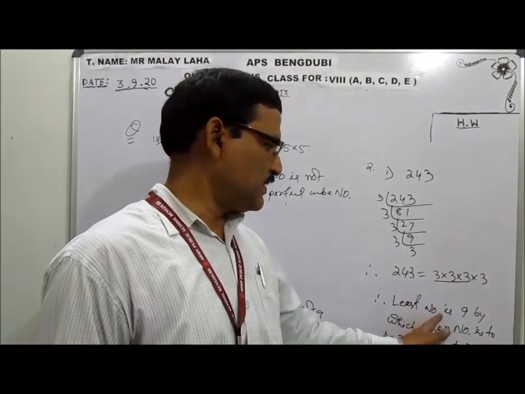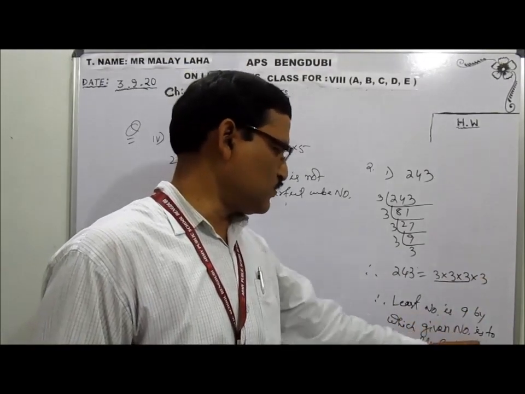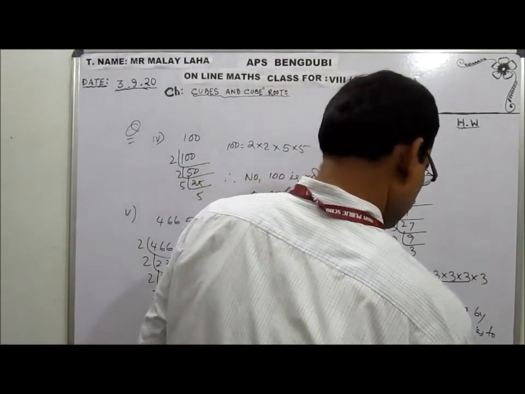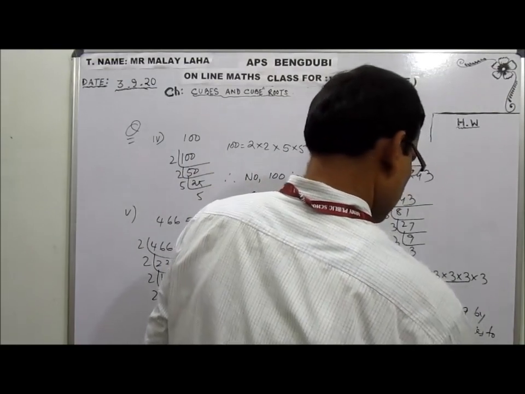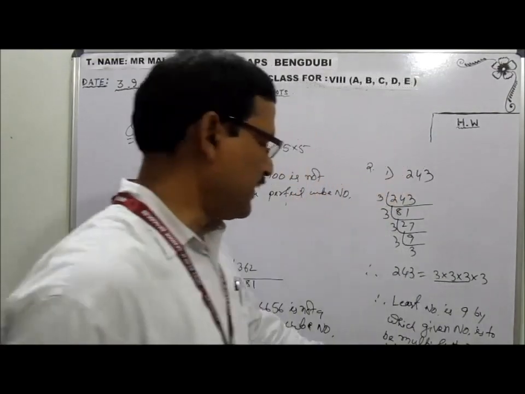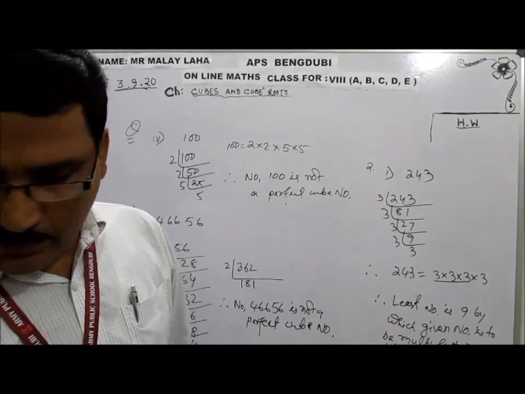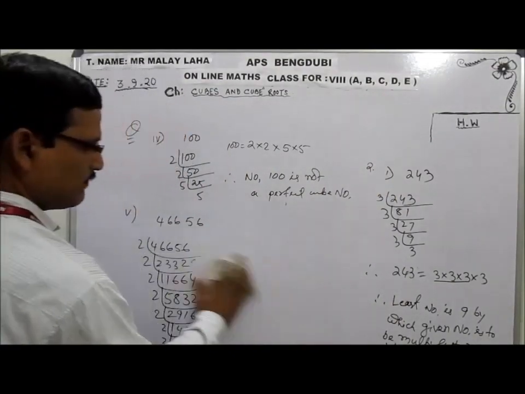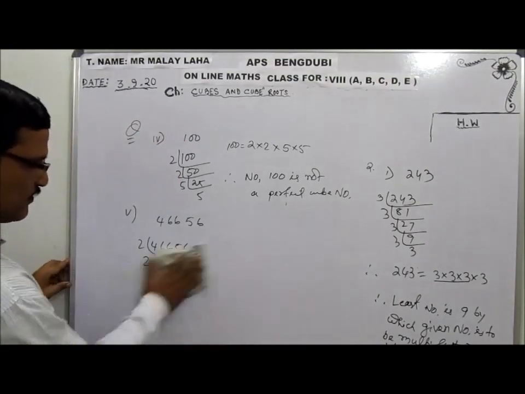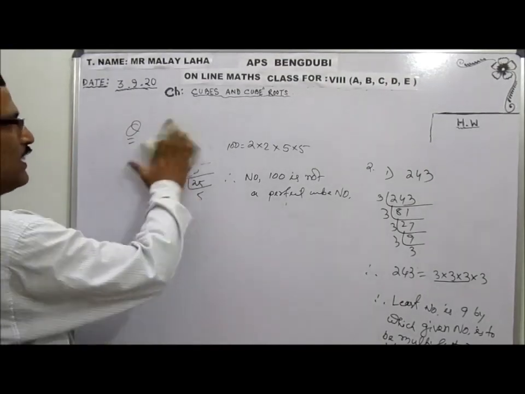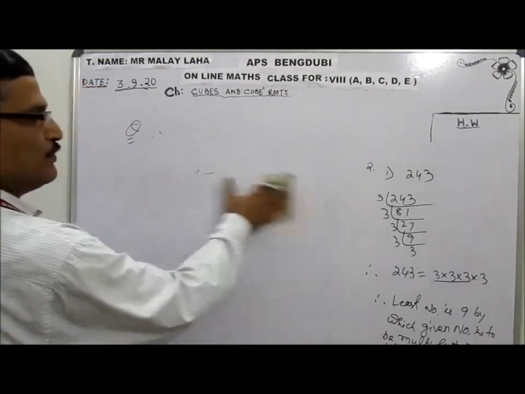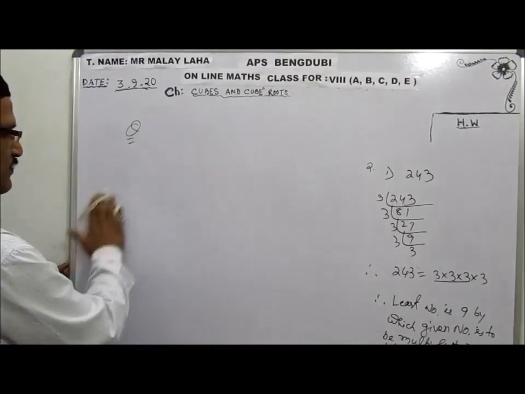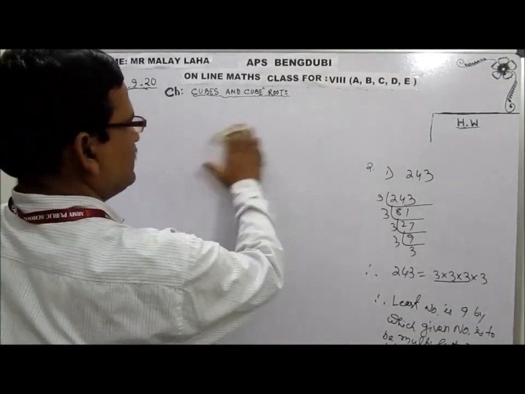So the least number is 9, by which the given number is to be multiplied to make it a perfect cube number. Understood? This way, we have to take the help of our factorization method. Okay. If you are not able to write it down, you pause the video and write it down. And all this textbook question will be in your notebook. Okay. And the PDF questions and whatever I am sending, you can practice.